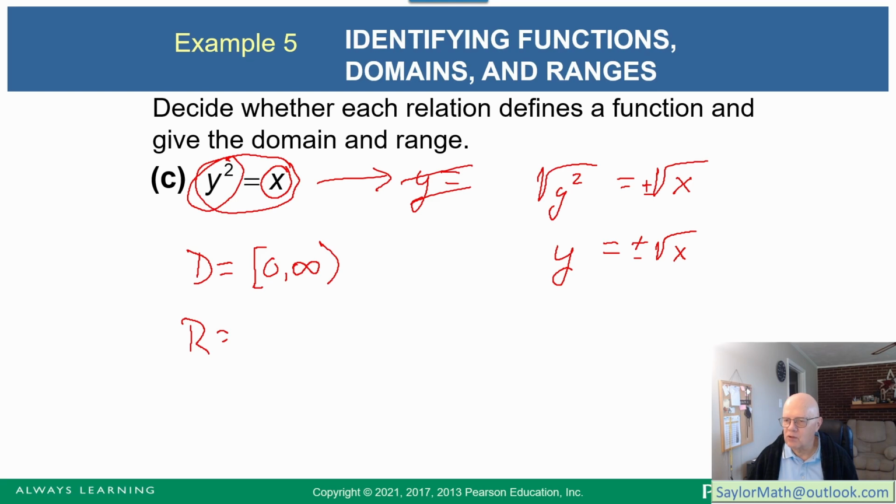What y values can you get? Well, you're only putting positive numbers in for x. You're taking the square root to get y. So 0 is a possibility, and again, infinity.